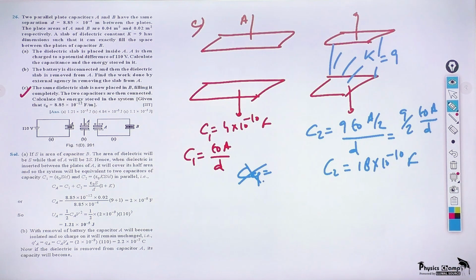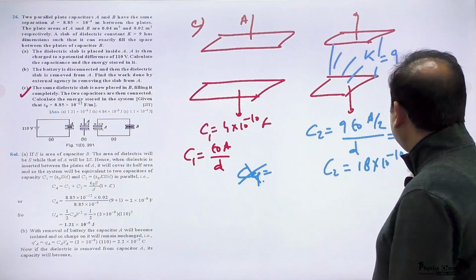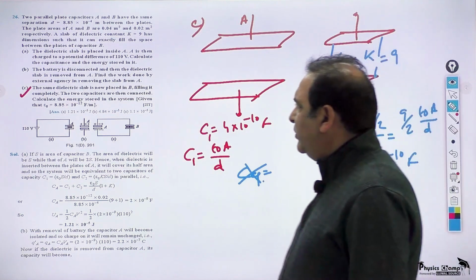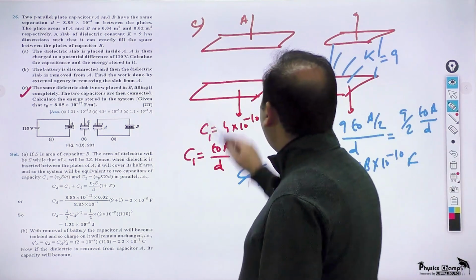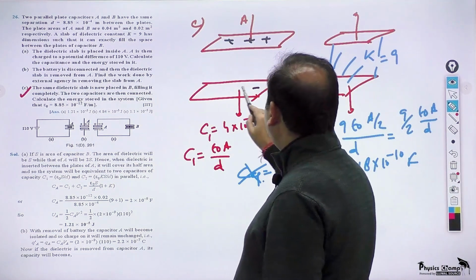So we have got the two capacitances, 4 into 10 to the power minus 10 and 18 into 10 to the power minus 10. The two capacitors are then connected, and capacitor 1 was already having a charge.